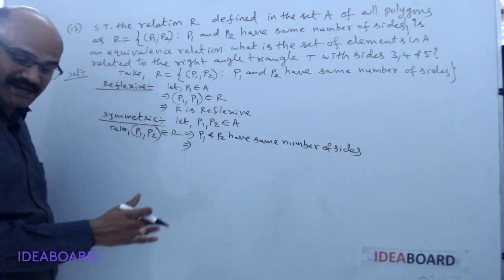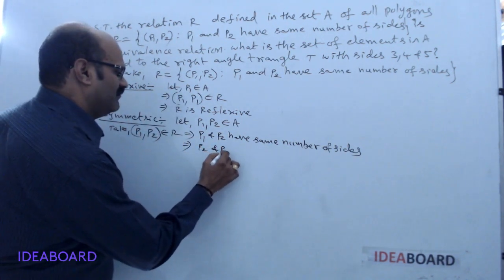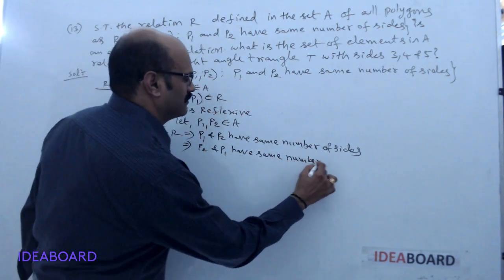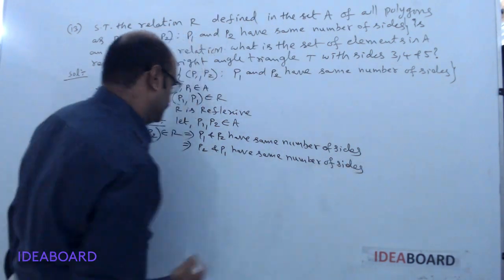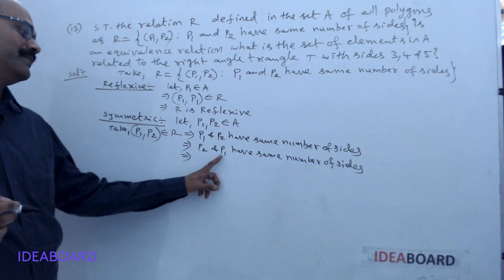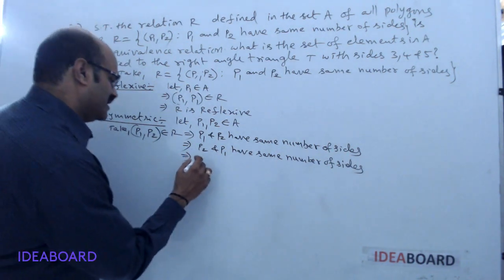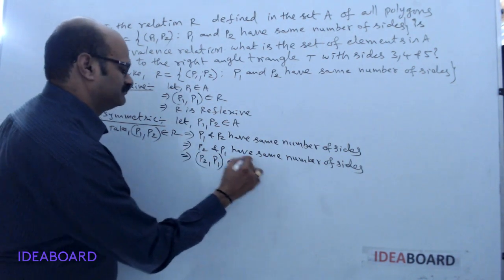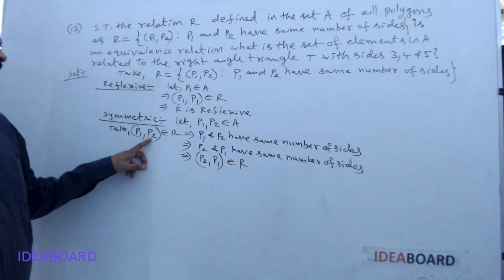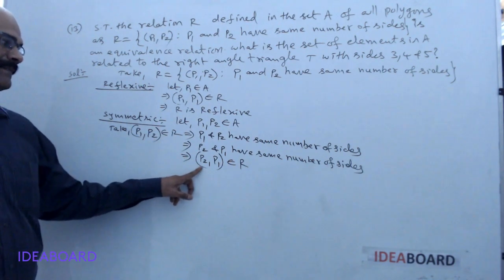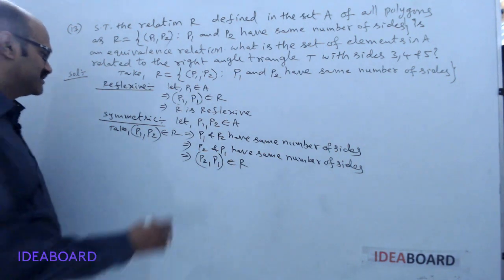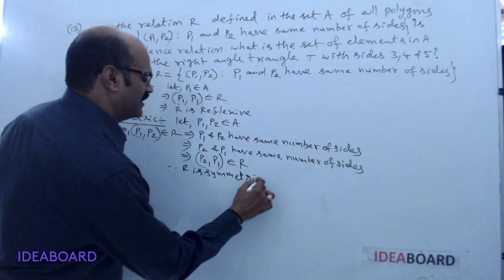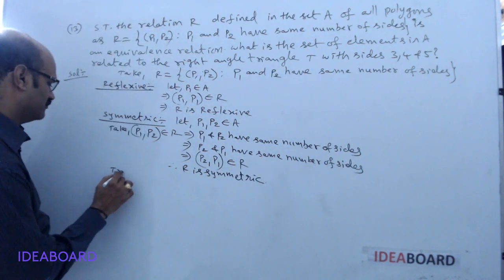So we write it as, it implies P2 and P1 have same number of sides. It implies since P2 and P1 have same number of sides, we say that P2 comma P1 belongs to R. Since P1 comma P2 belongs to R implies P2 comma P1 belongs to R, we say that R is symmetric. Now transitive.